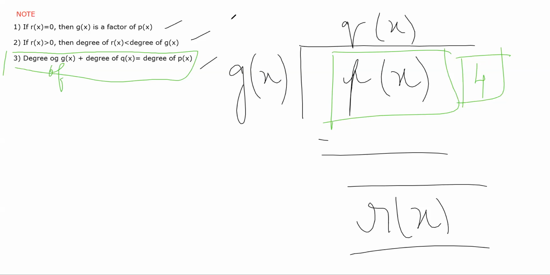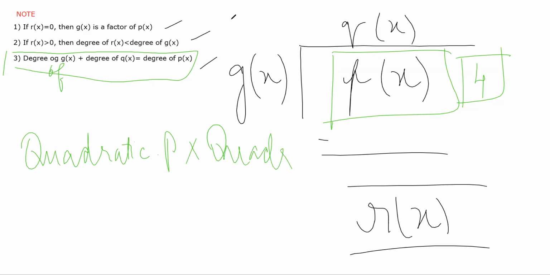We know that when we multiply a quadratic polynomial into another quadratic polynomial, you get a polynomial with degree 4.